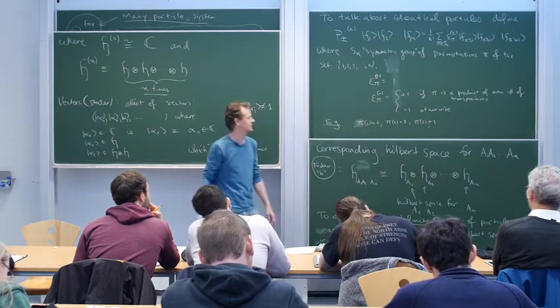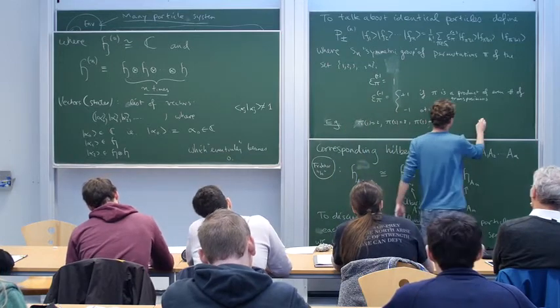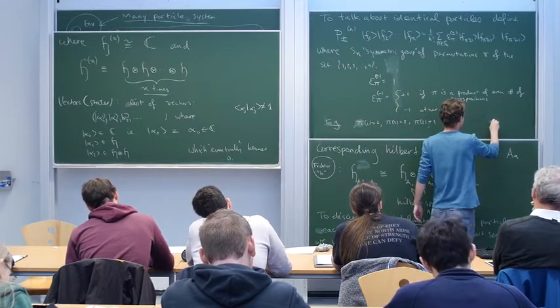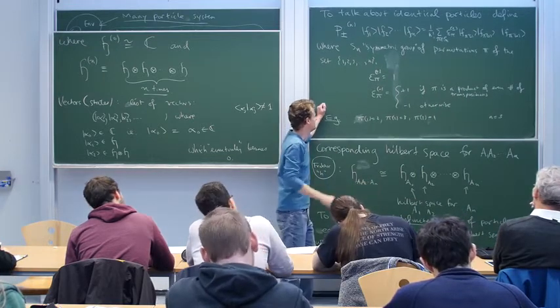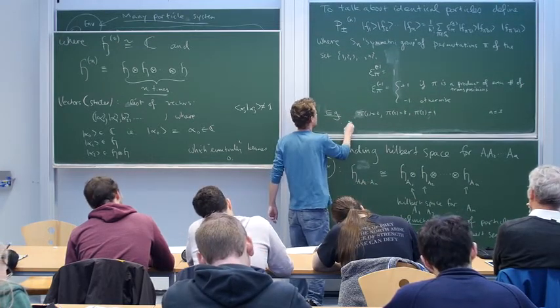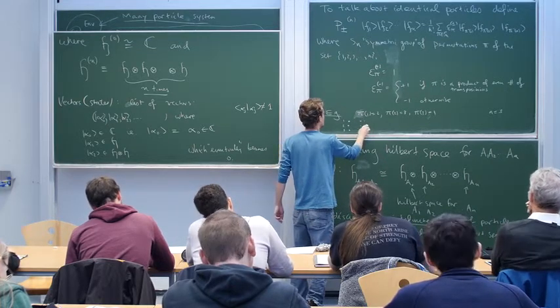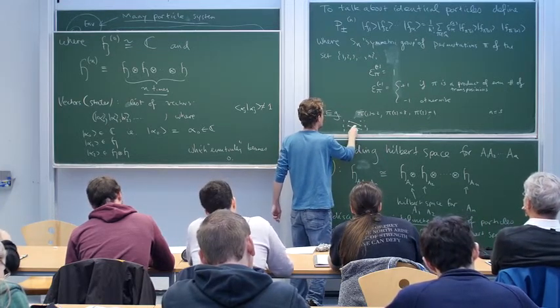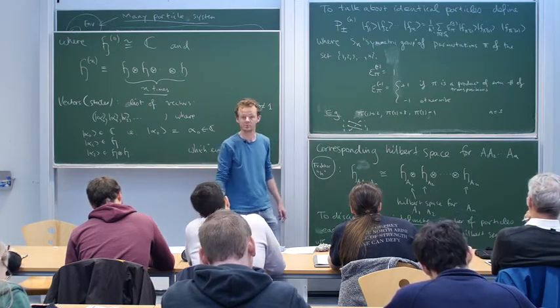All right, let's consider the case n is 3. We have some permutation which takes 1 to 2, 2 to 3, and 3 to 1. How many transpositions do we need? You could draw a diagram for this: 1, 2, 3 and 1, 2, 3. That's how we describe this permutation.